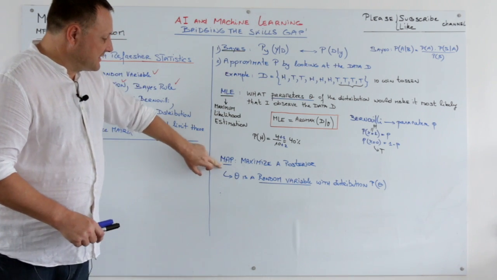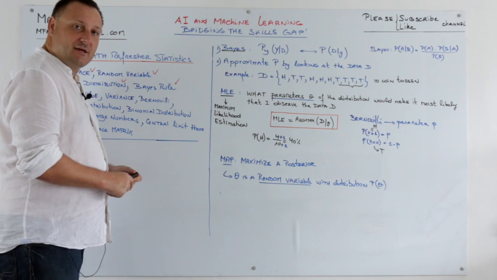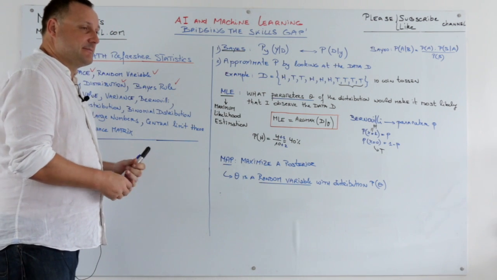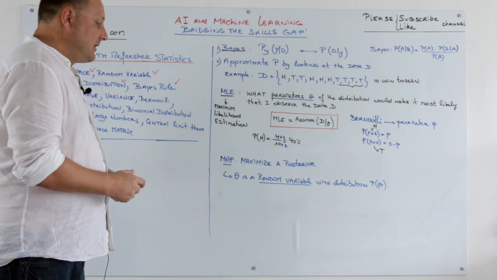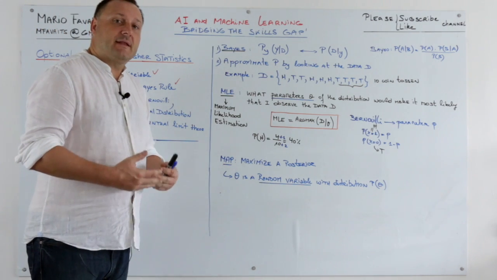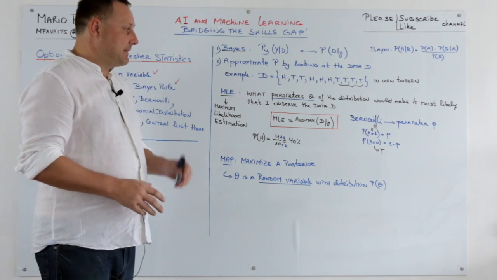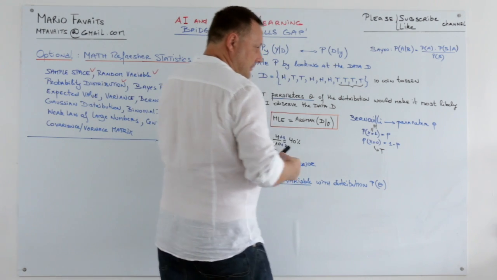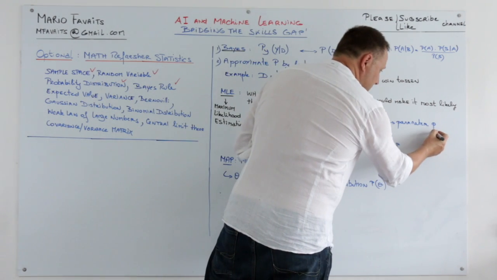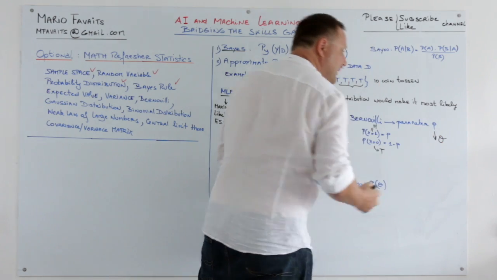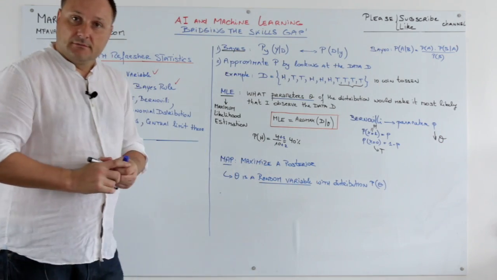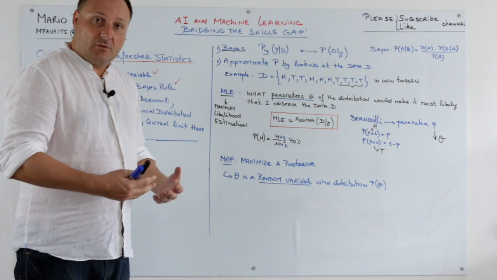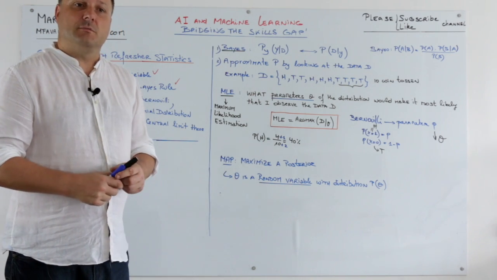The other thing we can do is called maximum a posteriori. And what happens in maximum a posteriori? Well, people consider theta as a random variable. Remember, in this case, we consider theta as a parameter. In Bernoulli, that was a parameter p, which is basically your theta. But here, theta is a random variable, and a random variable has a distribution.